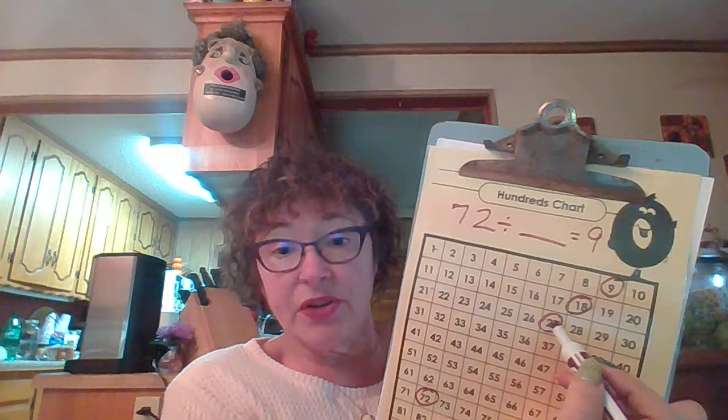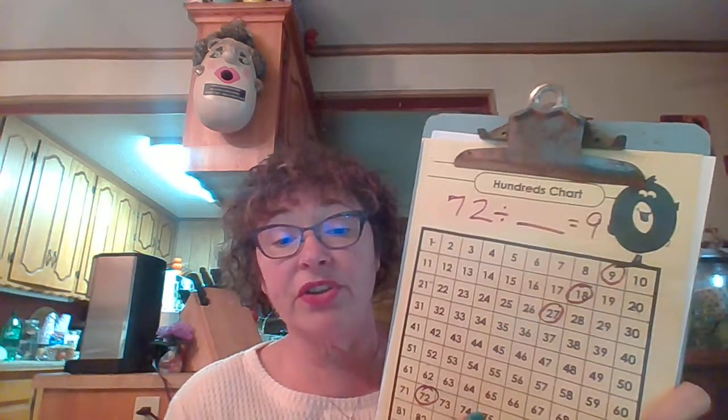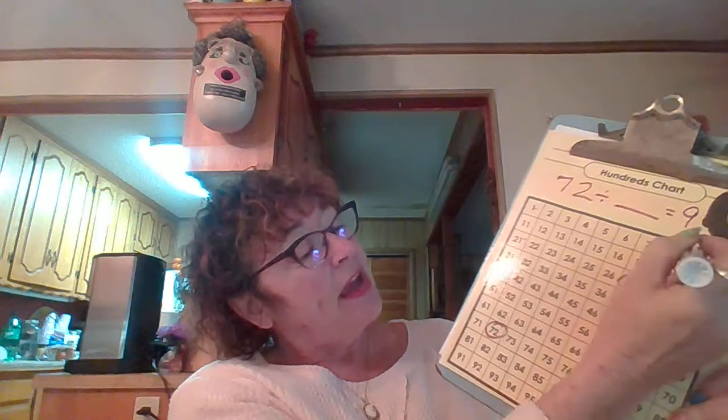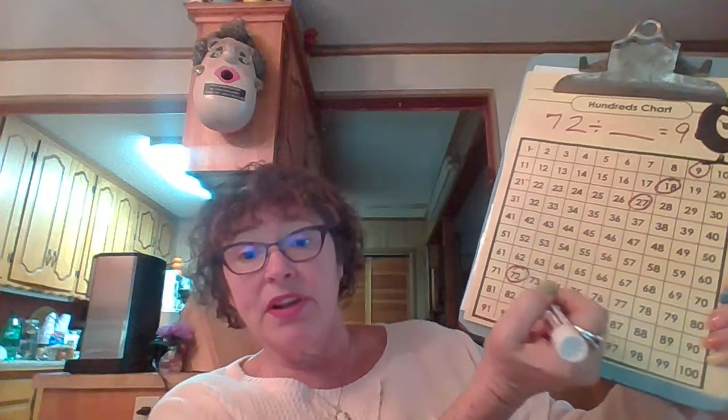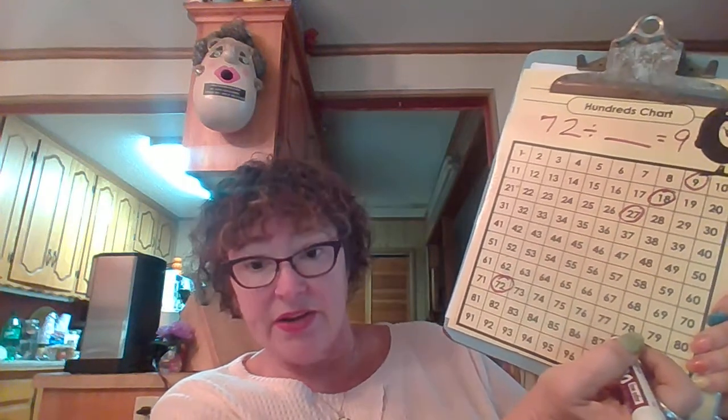Do you notice a pattern here? Look, see how they're going at a diagonal? Nines do that. If you're doing the nines correctly on your hundreds chart, they will make a diagonal line all the way down. So guess what? It's going to run into that 72.